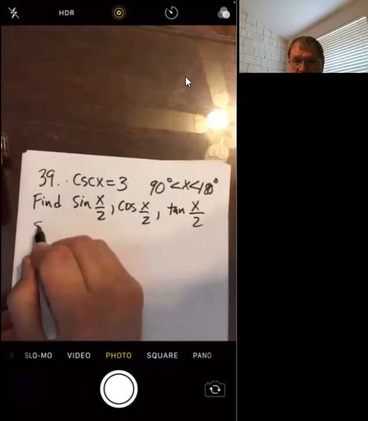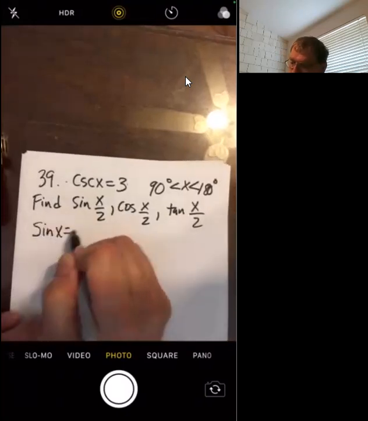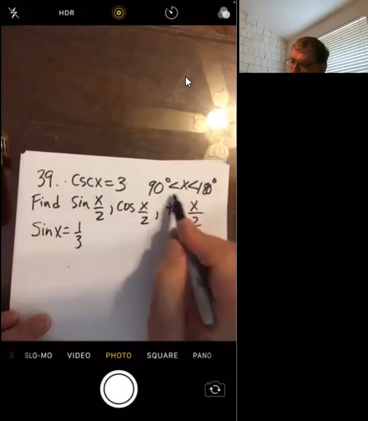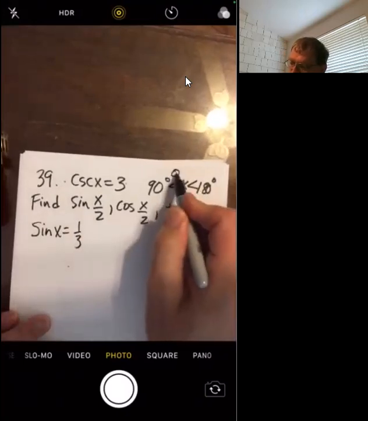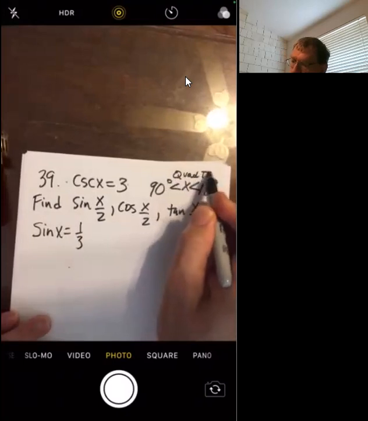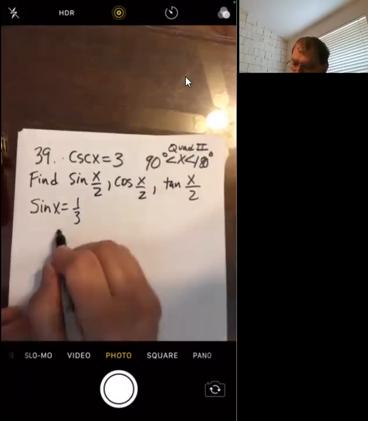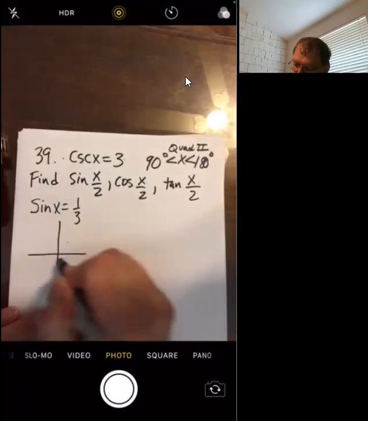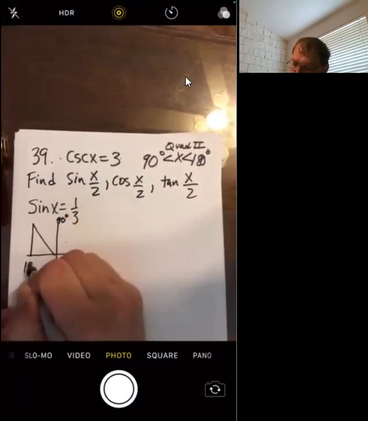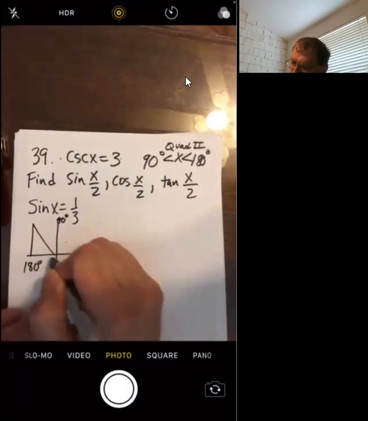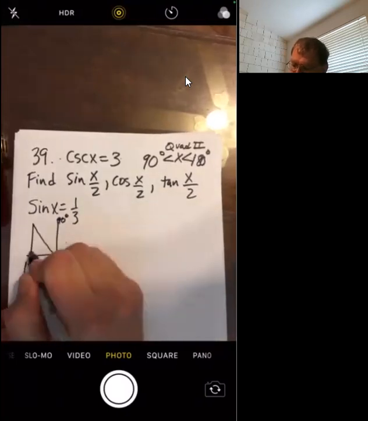All right, sine of x would then be 1/3. 90 less than x less than 180, you're in quadrant 2. So a quadrant 2 picture, see this is 90 degrees, here you're 180. So your x is in between 90 and 180, this quadrant 2.